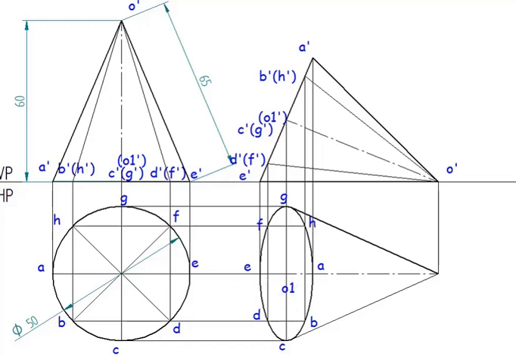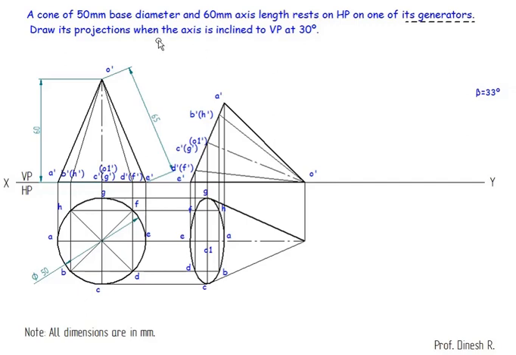Now the question for the third step is to draw its projection when the axis is inclined to VP. That means he has given the true inclination. We need to find the apparent inclination. So we need to find the beta value, which is equal to 33. We are going to construct it.